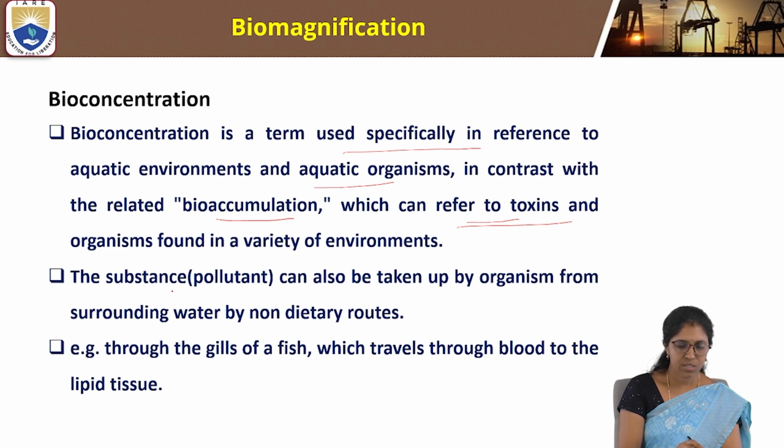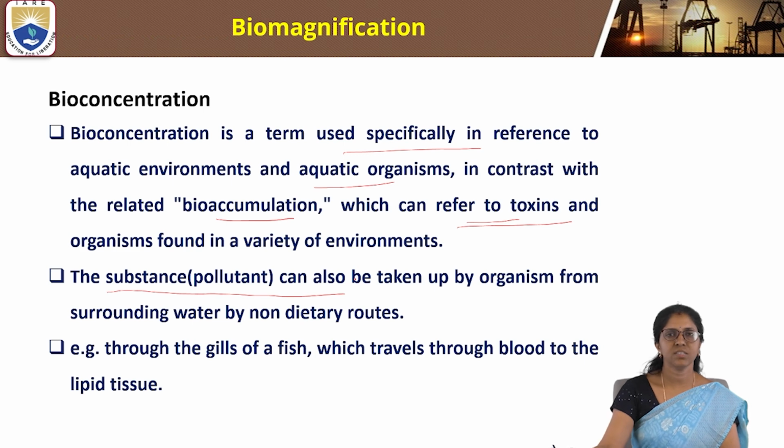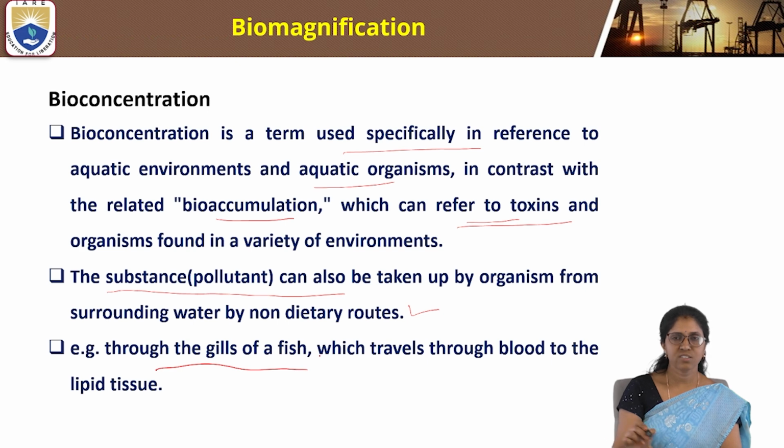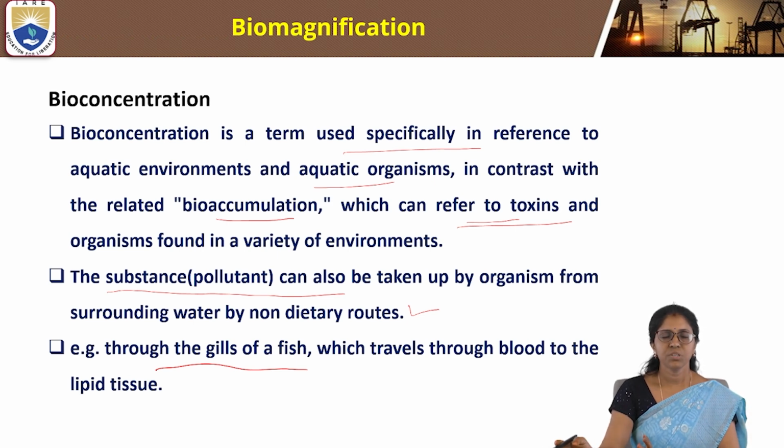In bioconcentration, a substance or pollutant can be taken up by the organism from the surrounding water by non-dietary routes. An example of bioconcentration is through the gills of a fish, where the substance travels with the water through the gills, then through the blood to the lipid tissue.